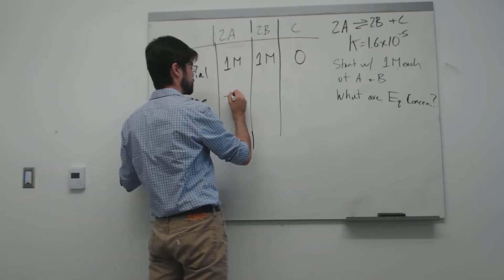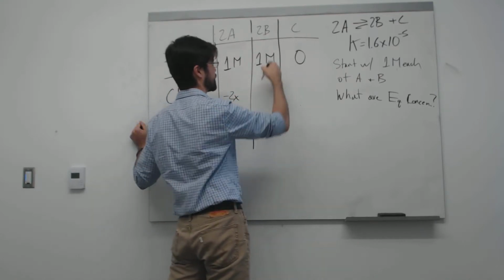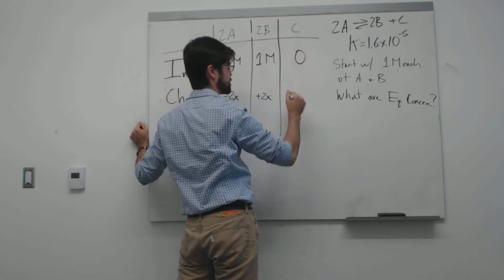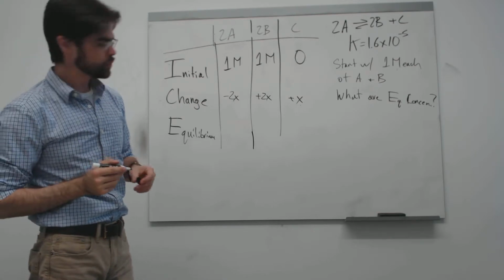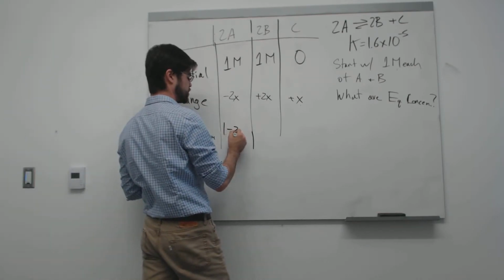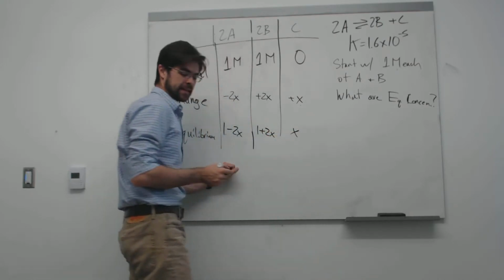So the reactant's concentration will go down by minus 2x, the concentration of B will go up by 2x, and the concentration of C will go up by x. So when I get my equilibrium concentrations, those should be 1 minus 2x, 1 plus 2x, and x.